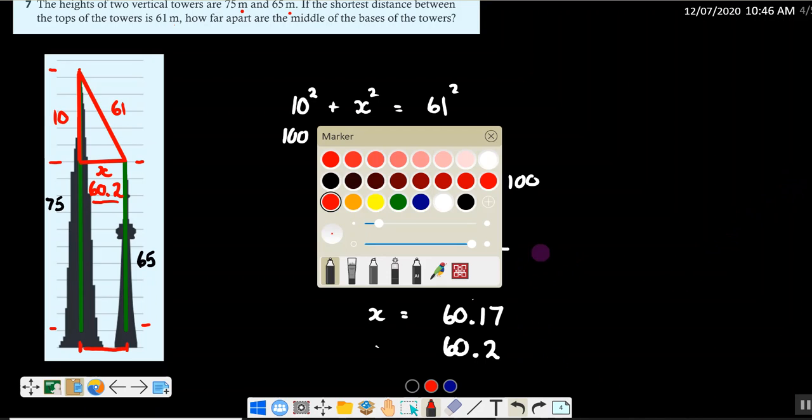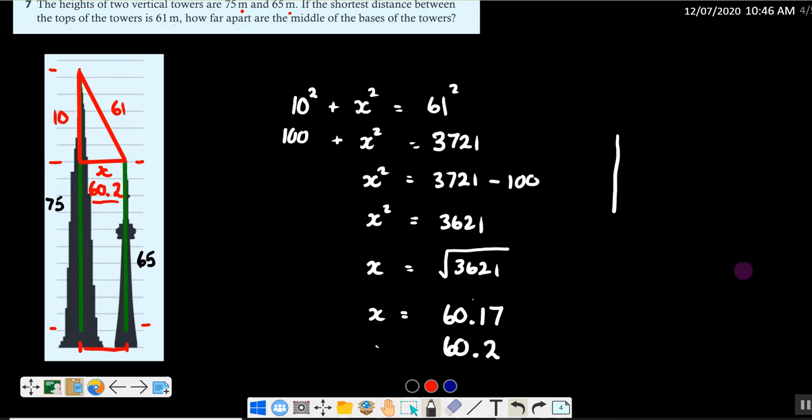Because otherwise, what would it have looked like? It would have been, here's one tower, here's another tower, right? Work out the distance, and you'd have been like, oh, okay, so we've got that distance there and that one there. That's 10 meters, this is 60, you know. It would have been a tiny little difference, so they just exaggerated it.